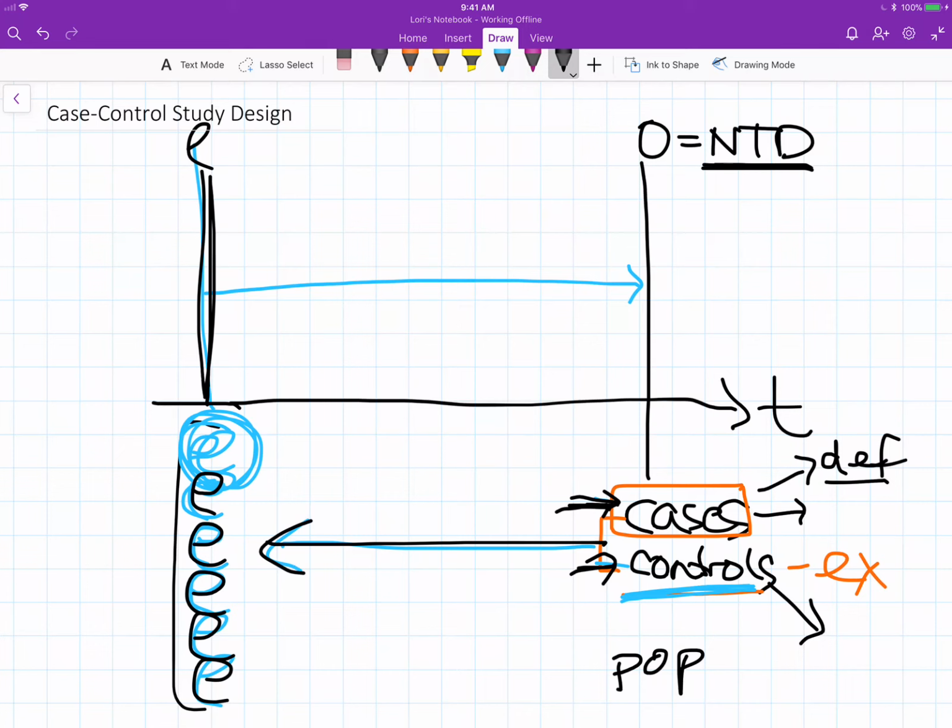And so when women took a multivitamin early in pregnancy, and it really had to be very early because that neural tube is forming during the first month of pregnancy, there were very few neural tube defects if that pregnant woman took the multivitamin that included folic acid. So of all of those things that we asked, that was the thing that surfaced. And so now, based on that, if we can eliminate folic acid deficiency, then that helps to eliminate neural tube defects among the babies that are born.